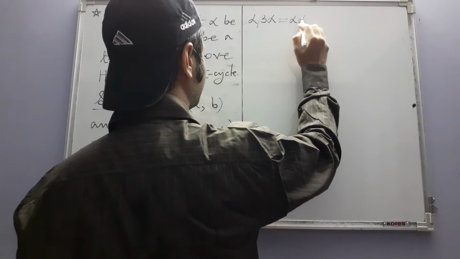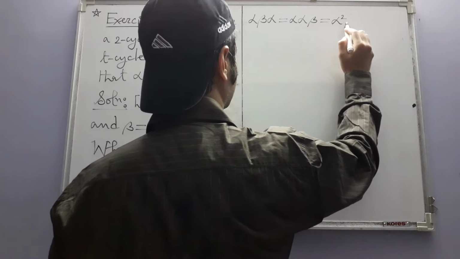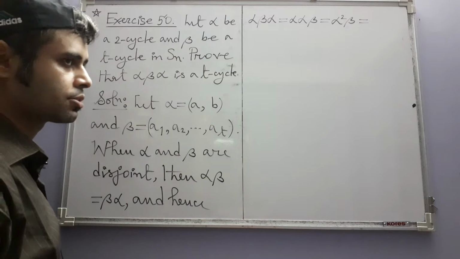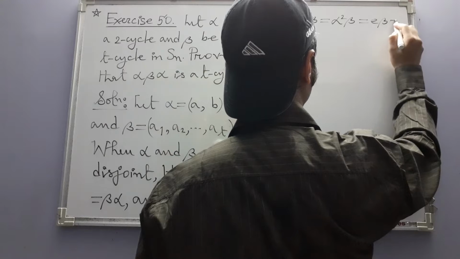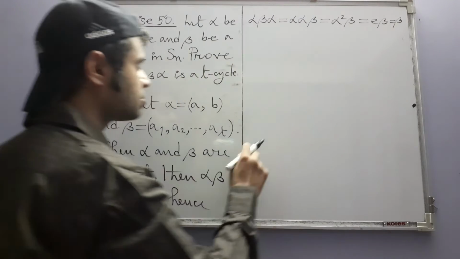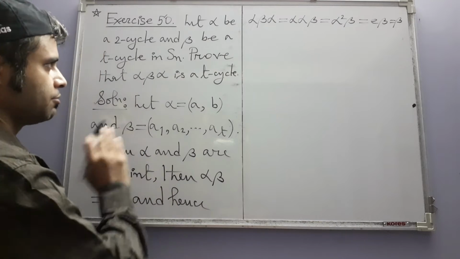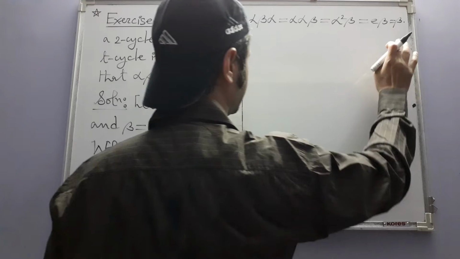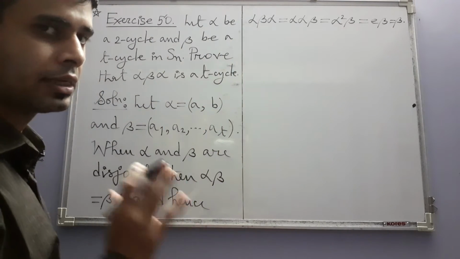In place of beta alpha we can write alpha beta, that is alpha square beta, but because alpha is a 2-cycle, alpha square equals the identity, so this is equal to beta, which is just again the same t-cycle, and that's what we want to show. So we don't even write anything else. It's understood that we have achieved what we want in this case.